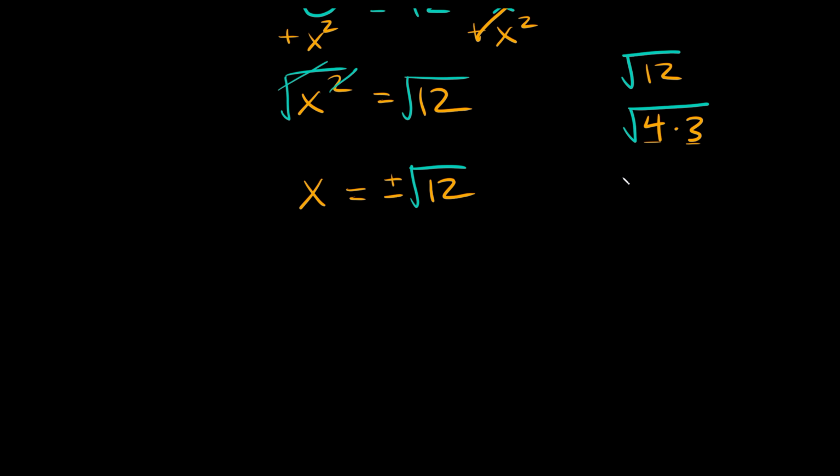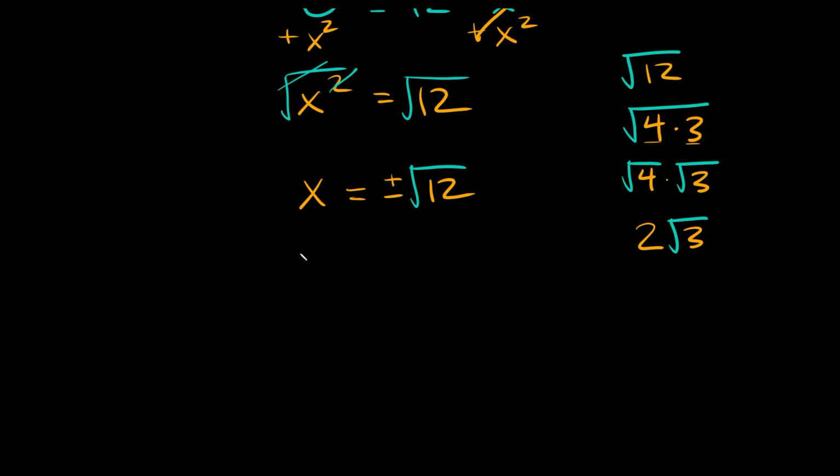So here we can rewrite this as the square root of 4 times the square root of 3. Now we can simplify this first radical. The square root of 4 is equal to just 2. So here we simply get 2 times the square root of 3. That's what we're going to write here.